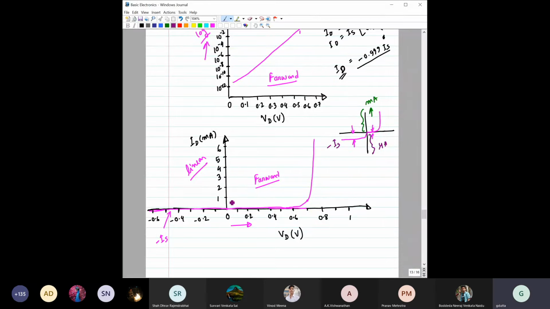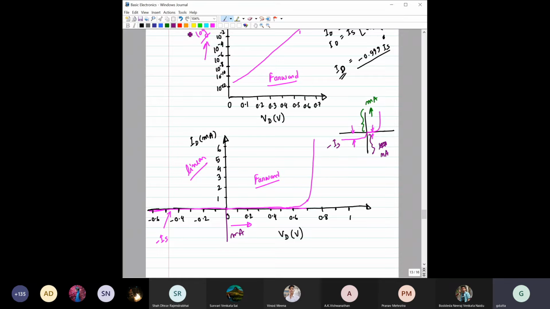If I plot everything in milliamps, then the microamps or nanoamps value will look almost like zero. If the author wants to show how IS looks in the reverse bias, they will plot the forward bias axis and the reverse bias axis in different scales.